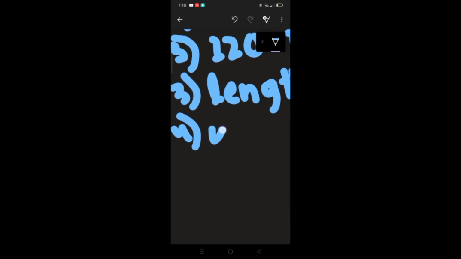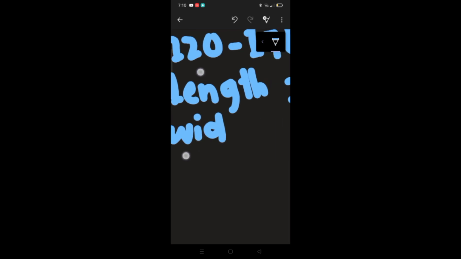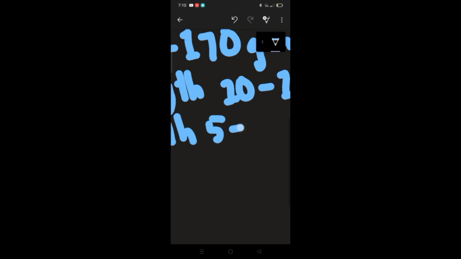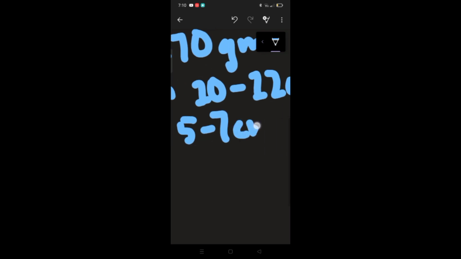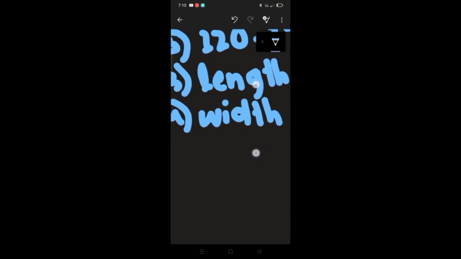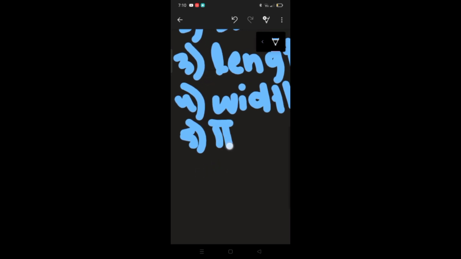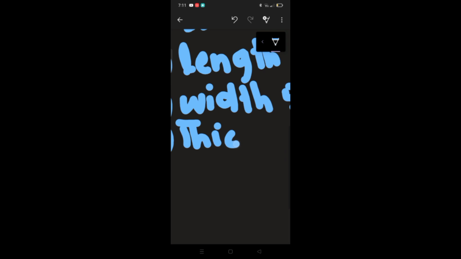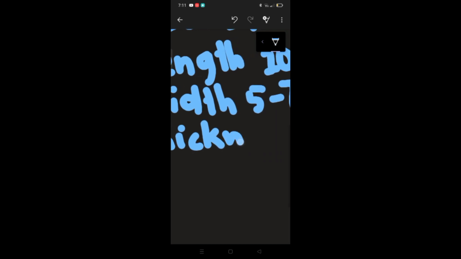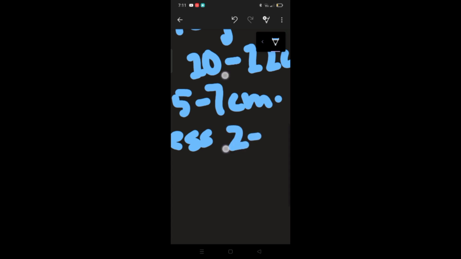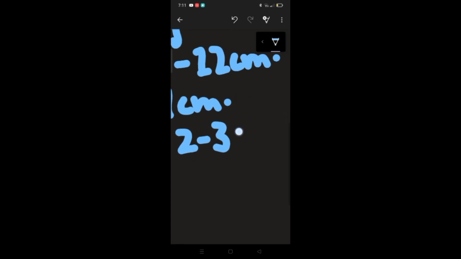Width of kidney is 5 to 7 centimeter. Then again we do have the thickness. What's the thickness of kidney? Thickness we have 2 to 3 centimeter.